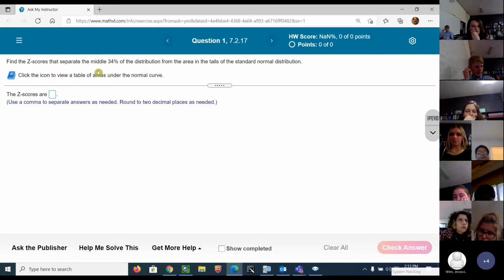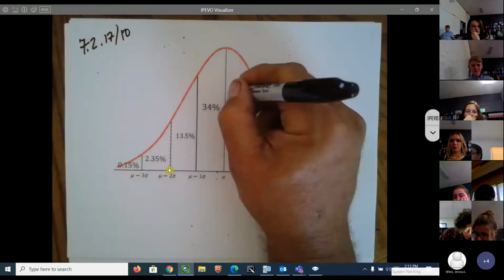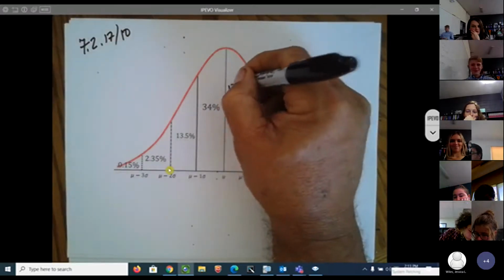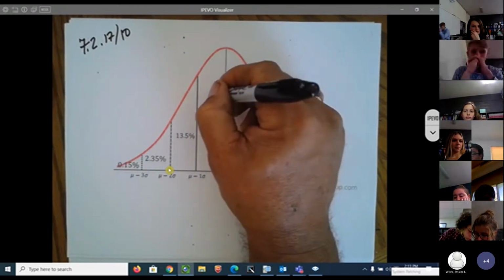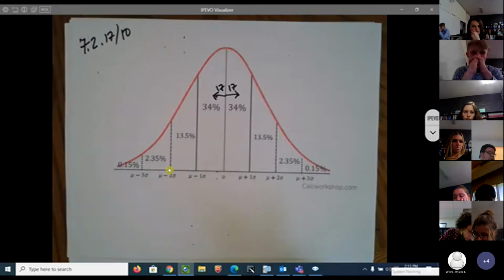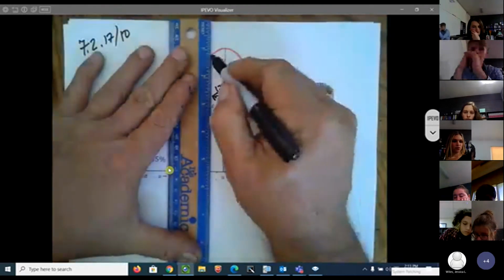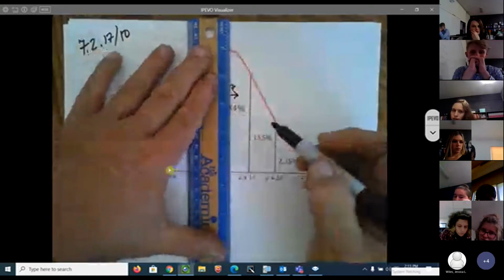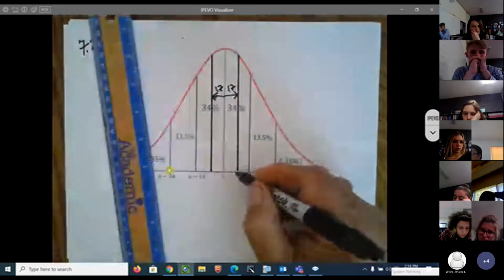Middle 34%. So I take my handy dandy, got to find my middle 34%. That means 17 that way and 17 that way. So take my handy dandy ruler, and that is my line there and my line there.